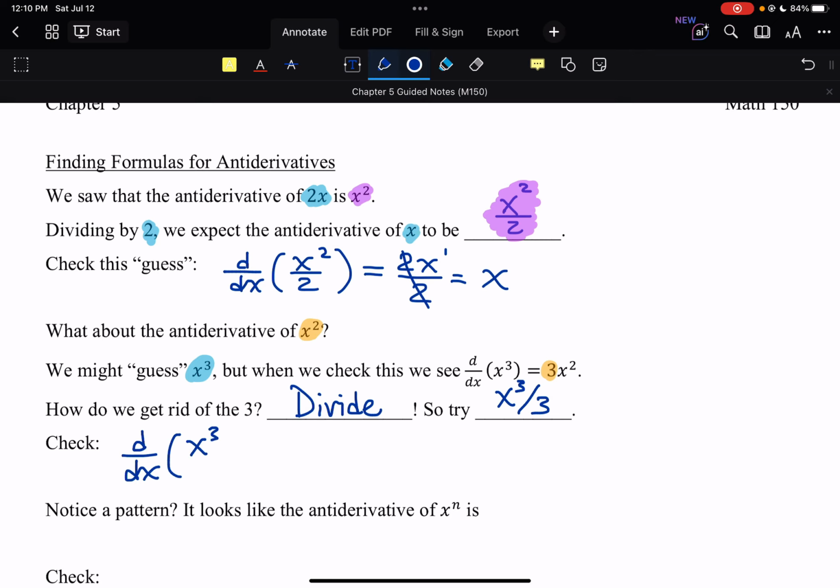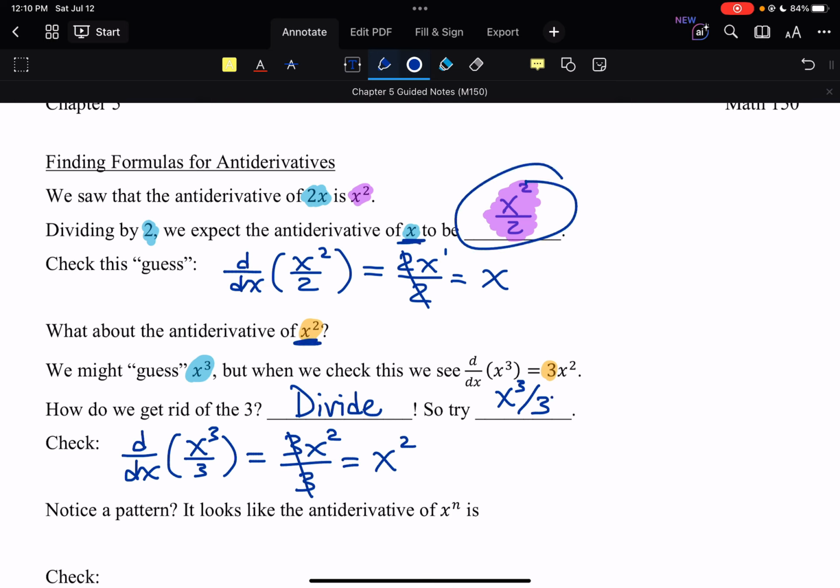So the derivative of x cubed over 3, we get 3x squared over 3, cancel the 3's, and that's x squared, which is exactly what we were looking for. So if we look at the pattern of what's happening here, antiderivative of x, x squared over 2.